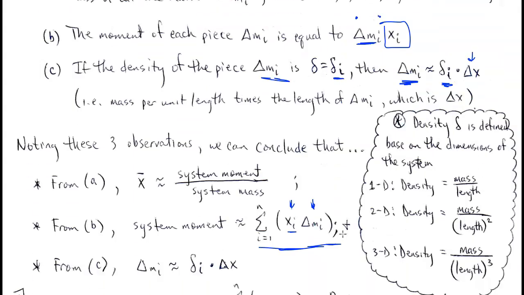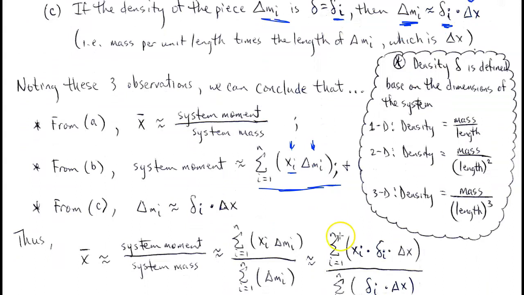All right, so we know that our x bar, which is going to be our center of mass, should roughly be whatever the system moment is divided by the system mass. Of course, our system moment, we just got to describing that. Our delta m sub i is just going to be the little delta sub i times delta x.